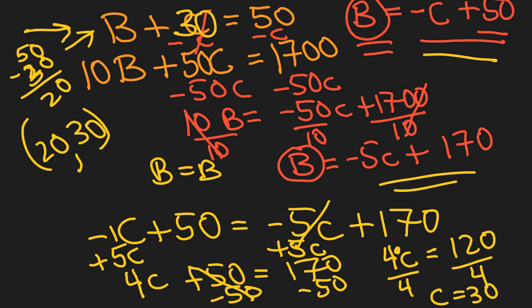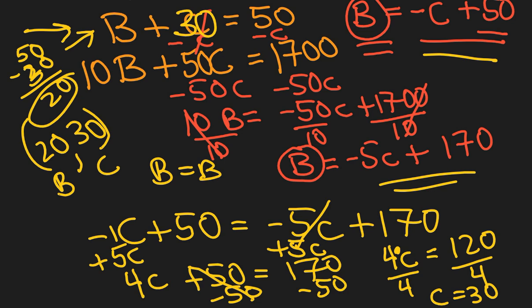I can subtract it from both sides, go 50 minus 30, and I'm going to get 20. Or I can just use common sense and say, what plus 30 makes 50? Oh, yeah, it's 20. So here, I have my bike tires plus my car tires. I must have sold 20 bike tires at 10 bucks each, and I must have sold 30 car tires at $50 each for a total of $1,700.